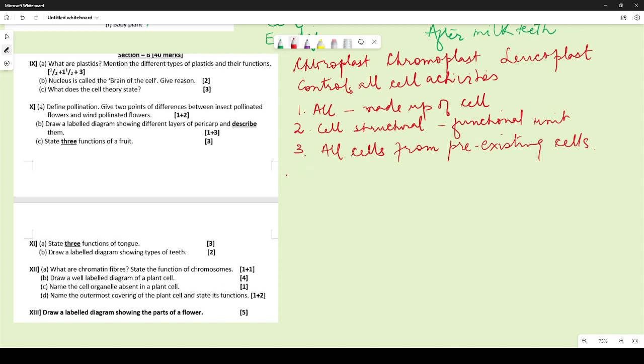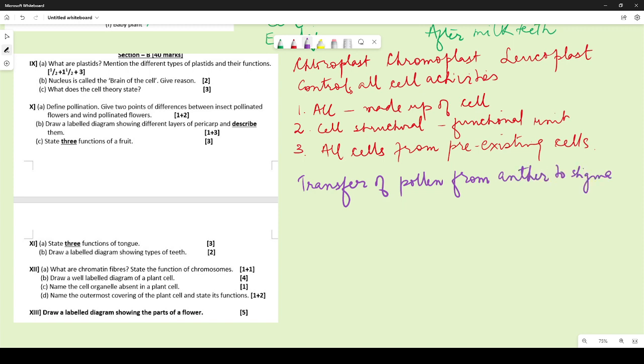Define pollination. Give 2 points of difference between insect pollinated flowers and wind pollinated flowers. Pollination is the transfer of pollen from anther to stigma.